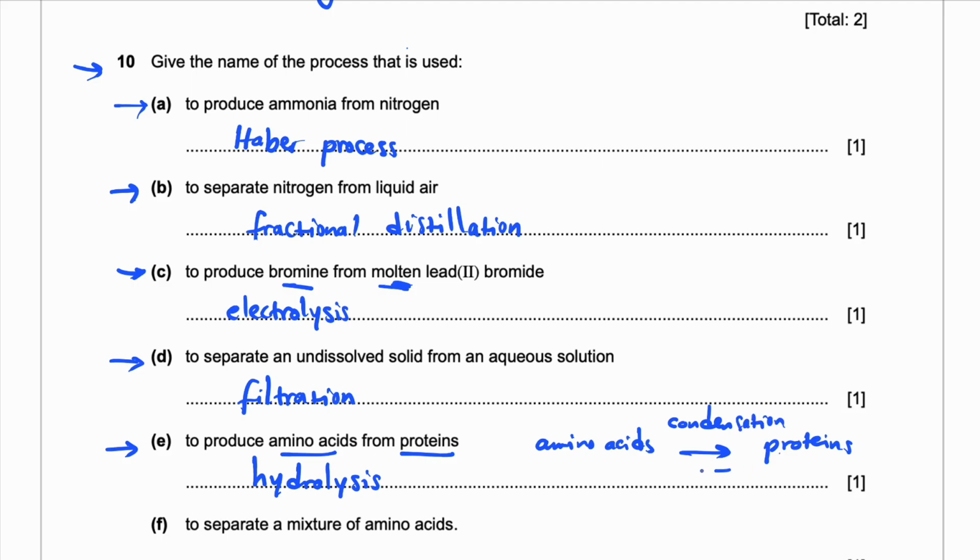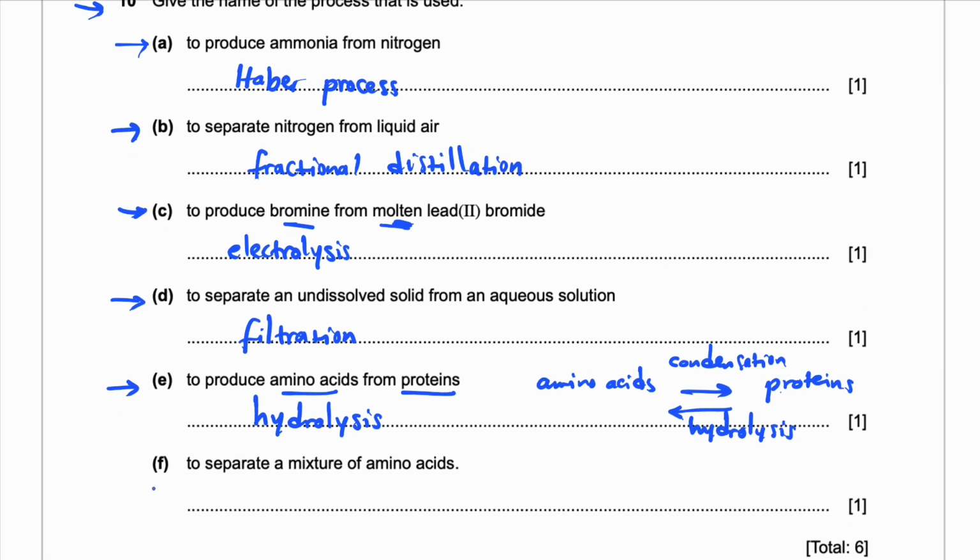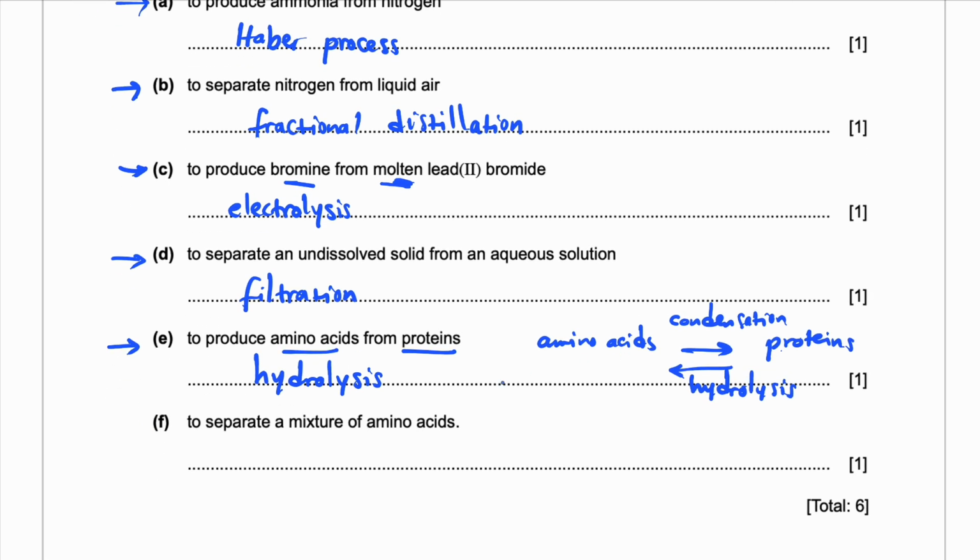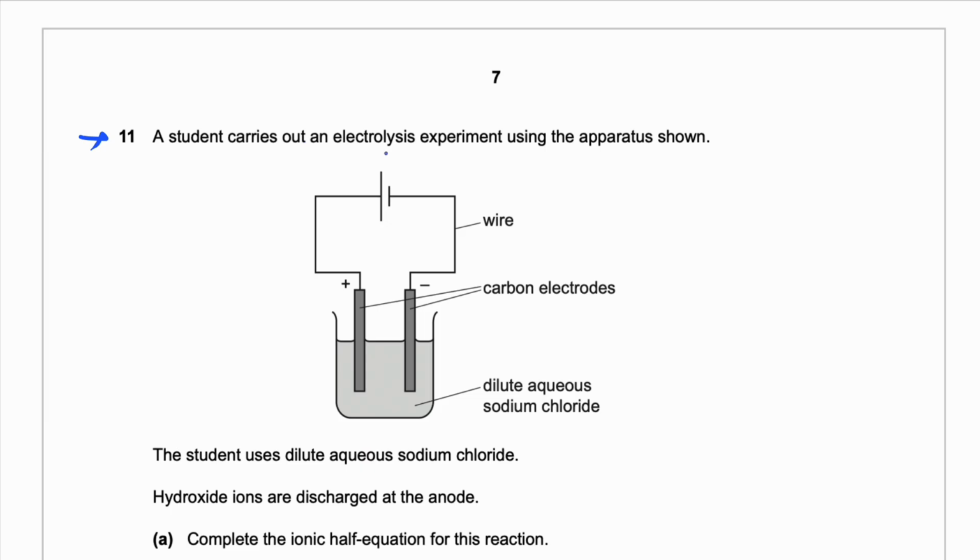But from proteins to amino acids, the process is hydrolysis. Next, to separate a mixture of amino acids, that's chromatography.